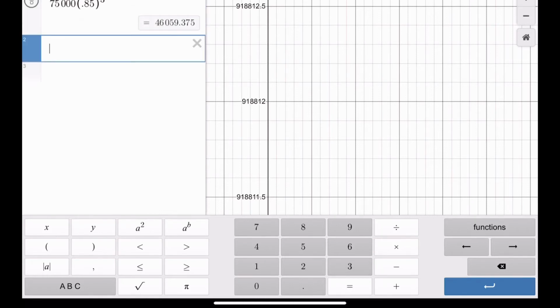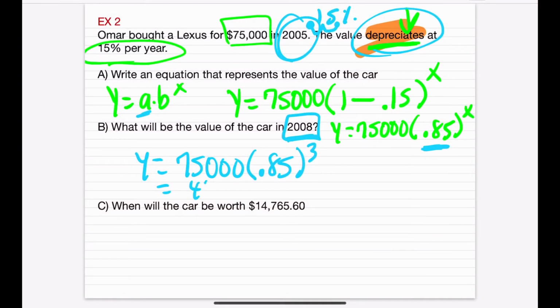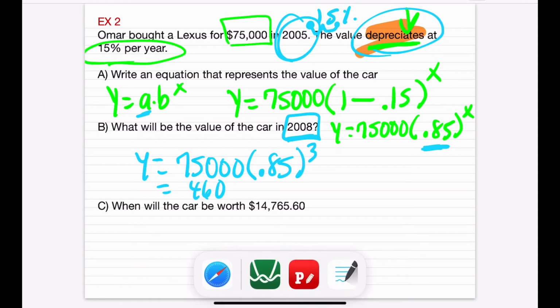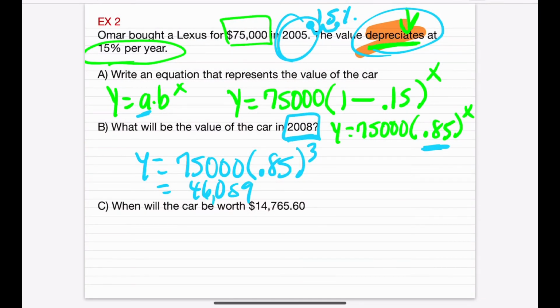So that is 46,000, and it's round to the nearest whole number. So it's the nearest dollar. So it's going to be $46,059. So the value of the car 3 years later will be $46,059. So as you can see, it went down by a lot.